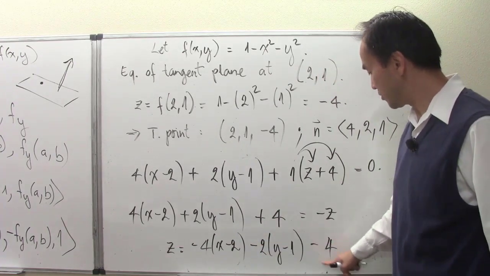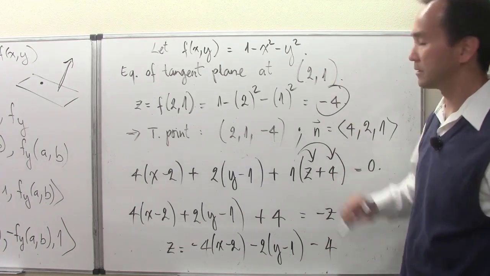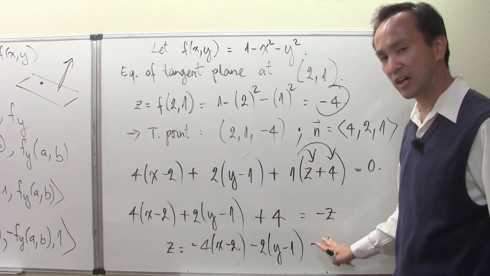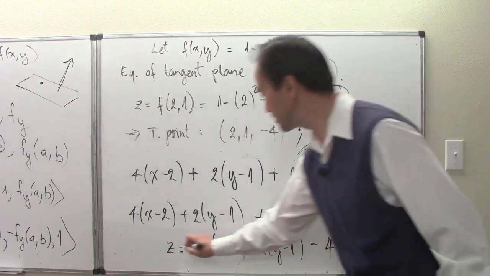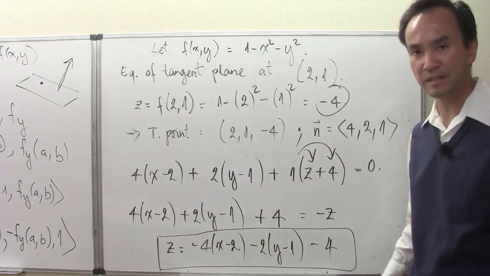And this value right here is the z value of the tangent point. By the way, this is the final form that we want to arrive at and be happy with.